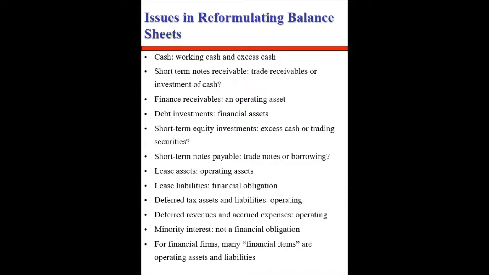One is working cash and another one is excess cash. So if we have a clear idea of what their business is, say for example, Golden Harvest, that company needs cash for growing, for procuring, for supplying, for selling their goods. These are the cash required for their operation.